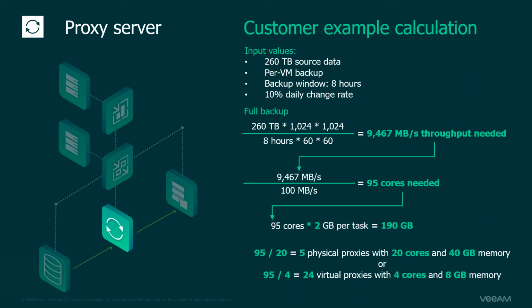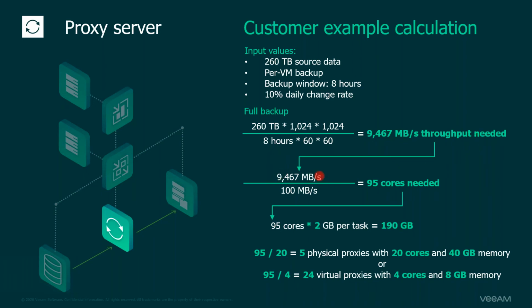So for our customer example, we had that 260 terabytes of source data, right? We're going to be doing those per VM backups. We had a backup window of 8 hours, and we were estimating a 10% daily change rate. So when we're trying to find out how many cores and how much RAM we need for our proxies for a full backup, we're going to take that 260 terabytes, multiply that down to megabytes, take our 8-hour backup window and multiply that down to seconds to get 9,467 megabytes per second throughput needed.